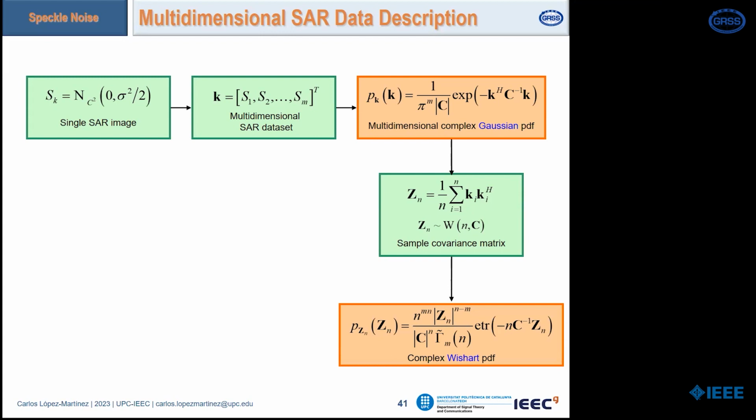If I had an infinite number of samples, no problem. But I need to estimate with a limited number of samples. Therefore, this matrix at the same time is itself a random variable, because the estimation is not perfect because I do it with a limited number of samples. So the distribution of this estimated covariance matrix is given by the complex Wishart distribution. That's why I have these two, because I'm estimating a random variable.